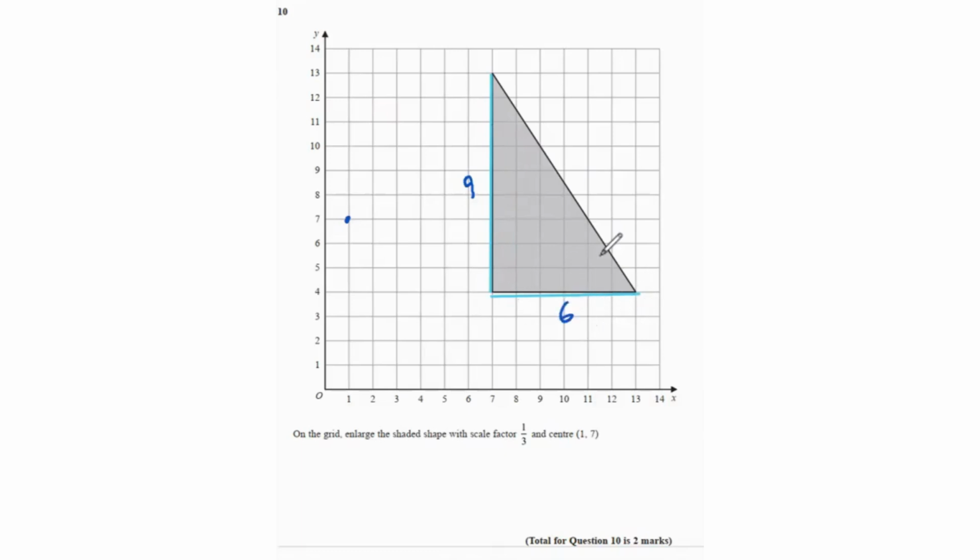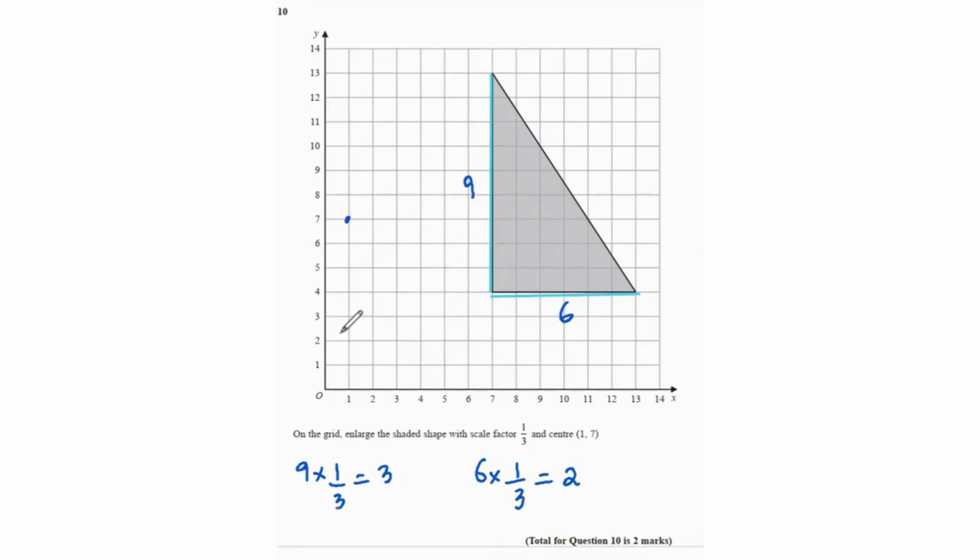Now to find the lengths of the new image after the enlargement, we will multiply the lengths of the given image with the scale factor. So 9 times 1/3 is going to be 3. And 6 times 1/3 is going to be 2. Which means for the enlargement, the new image will have a horizontal distance of 2 and a vertical distance of 3.